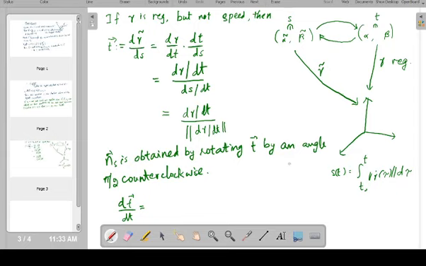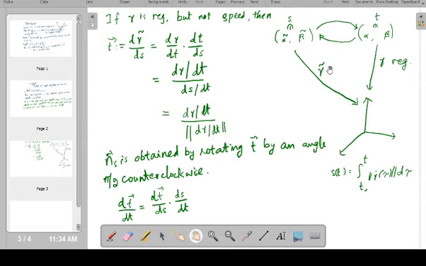Again by chain rule, dT by dt equals dT by ds into ds by dt. It goes like this: d vector T by dt equals d vector T by ds into ds by dt.